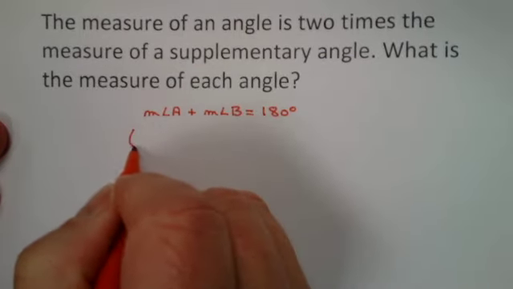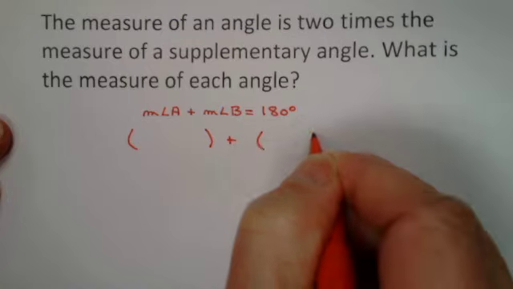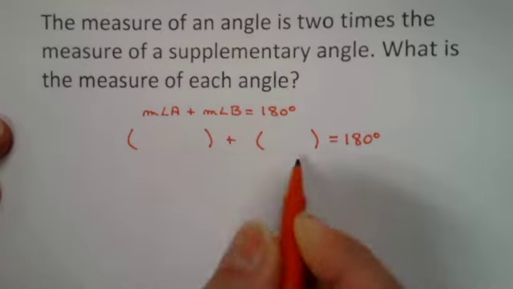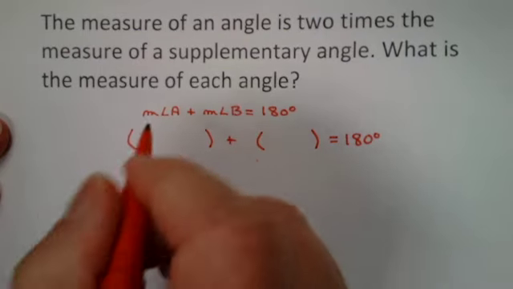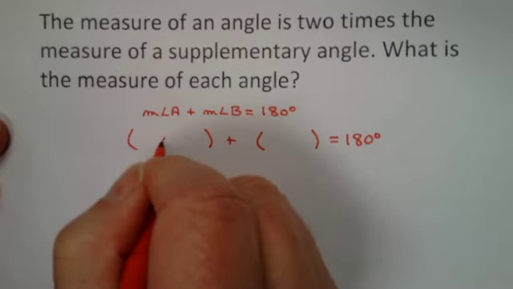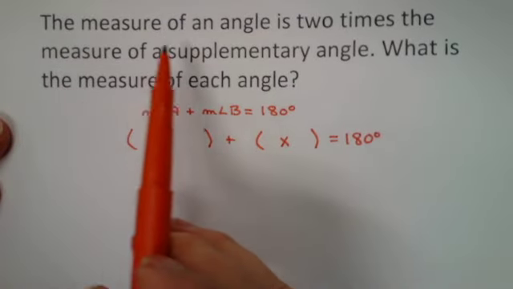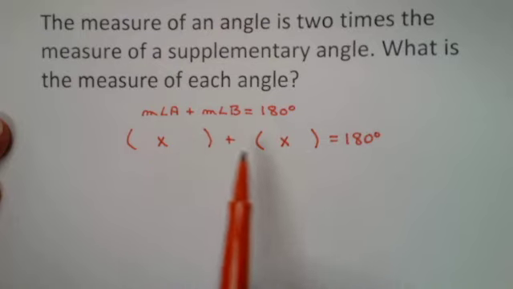I want to make some parentheses for angle A plus angle B, and I'm going to put in the information they're giving me for each one of these angles. So I've got an angle right here, and I've got an angle right here, and now I'm going to use the information they give me up here because these 2 angles aren't exactly the same.